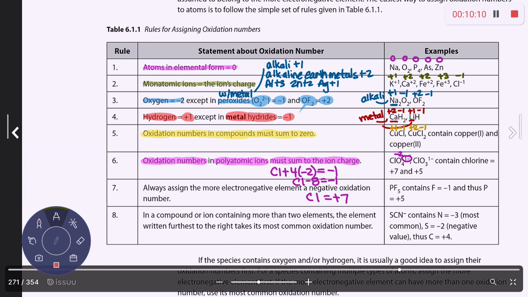Rule number 7, always assign the more electronegative element a negative oxidation number. Okay, so let's go over the trend for electronegativity. If this is a periodic table, the trend for electronegativity is it increases in this direction.